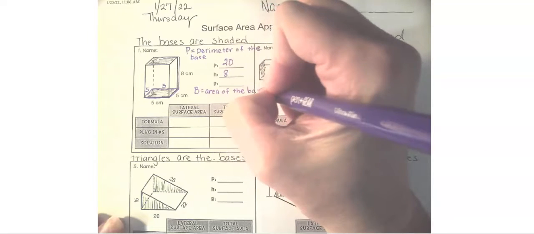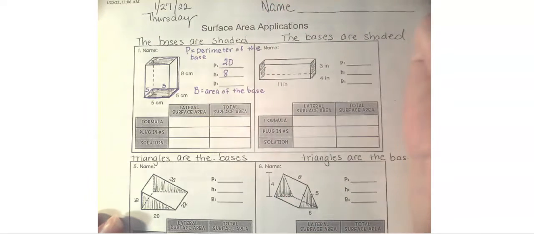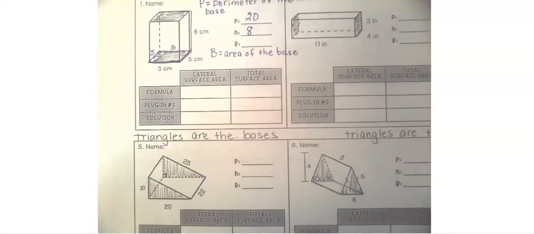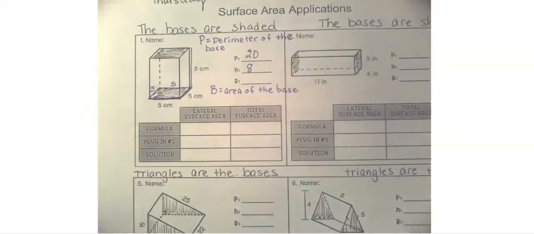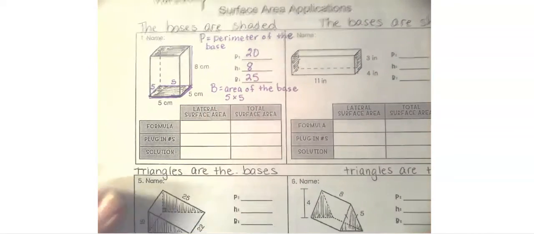All right, well, what shape is the base in this particular problem? The shape of the base is actually a square. So if I want the area of this square, I'm going to multiply length times width. The length is 5, the width is also 5. So I'm doing 5 times 5, and that gives me an area of 25.